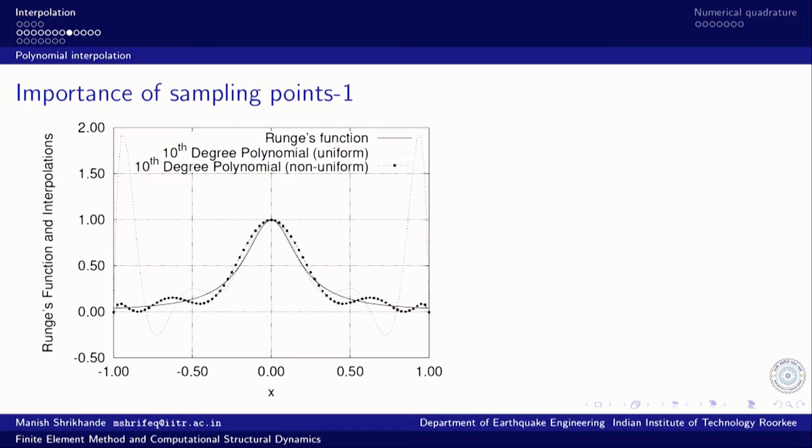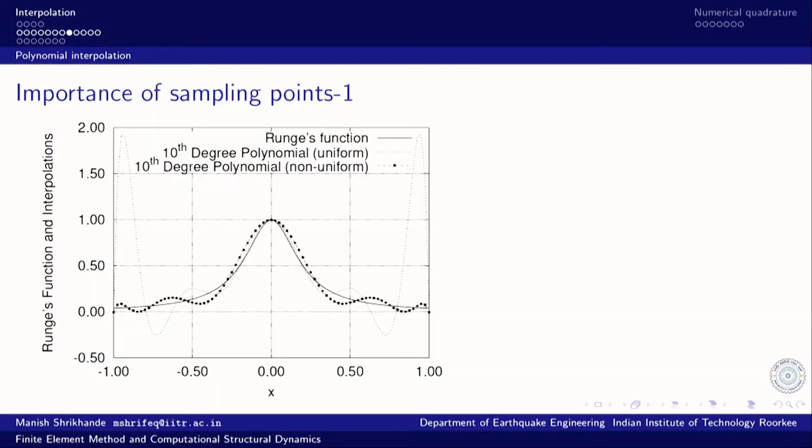The solid line describes the Runge function exactly in analytical form, and the dashed line represents a 10th degree polynomial approximation. When we try to approximate, we would obviously be inclined to divide uniformly any interval that we are given.